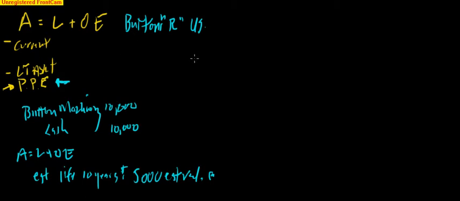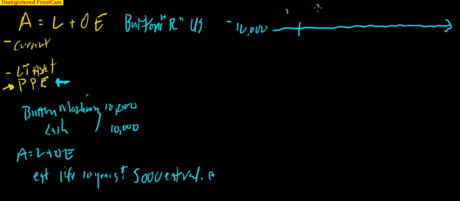From a picture perspective, we're going to spend $10,000 here, and I'm going to draw my time periods. Time period 1, time period 2, time period 3, time period 4, time period 5, all the way to time period 10.